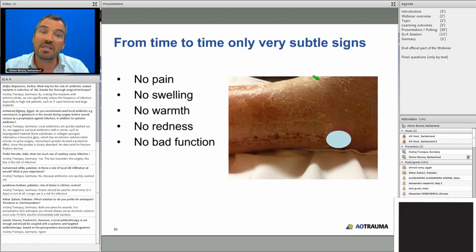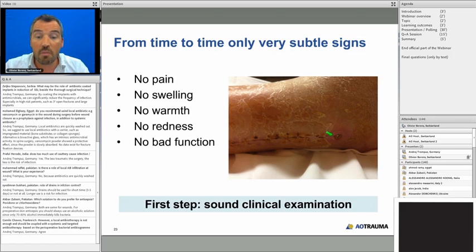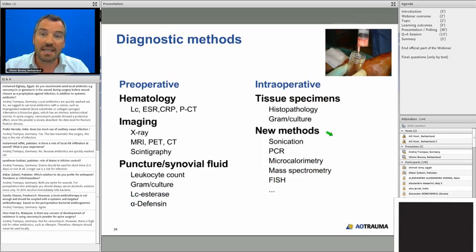So we need to look for subtle signs, and a sound exam of our patient, looking perfectly well at the wound, from time to time helps us, because at that time we can make the diagnosis and we can see that there is something wrong. So we should always start with a normal, easy, and sound clinical examination before we go further and ask for more complex diagnostics.